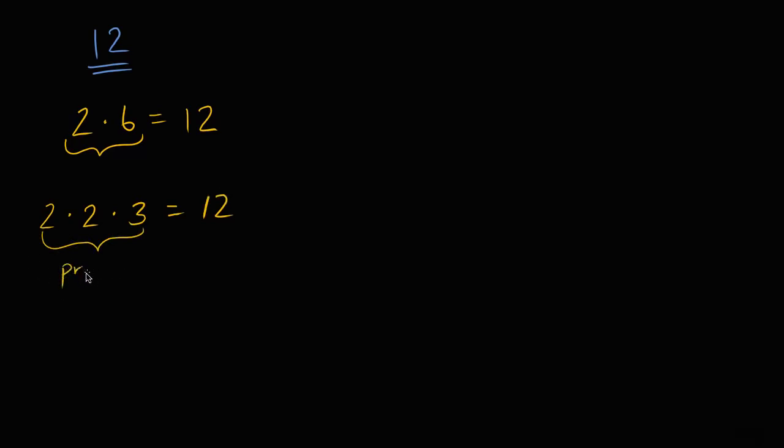So these are the prime factors. And so the general idea, this notion of a factor, is things that you can multiply together to get your original thing. Or if you're talking about factored form, you're essentially taking the number and breaking it up into the things that when you multiply them together, you get your original number.